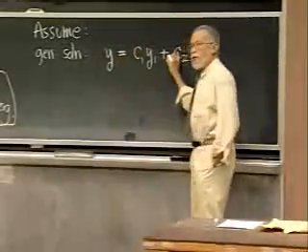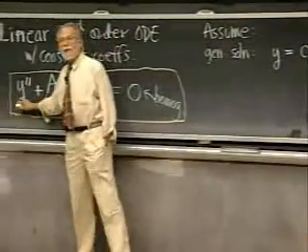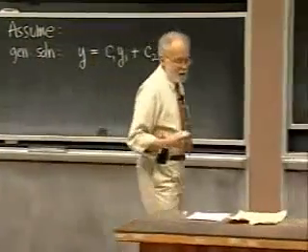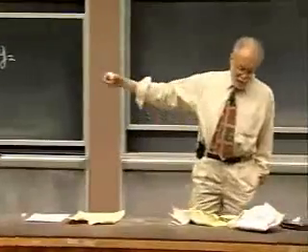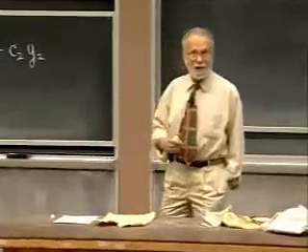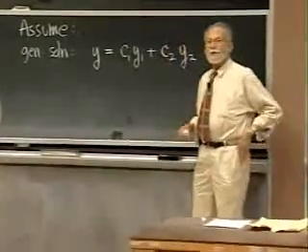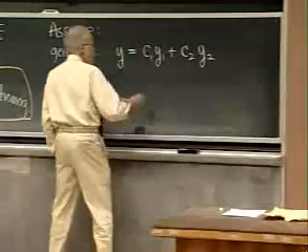So these are 2 arbitrary constants, corresponding to the fact that we're solving a second-order equation. In general, the number of arbitrary constants in the solution is the same as the order of the equation, because if it's a second-order equation, somehow or other, it may be concealed, but you're going to have to integrate something twice to get the answer, and therefore there should be 2 arbitrary constants. That's very rough, but it sort of gives you the idea.